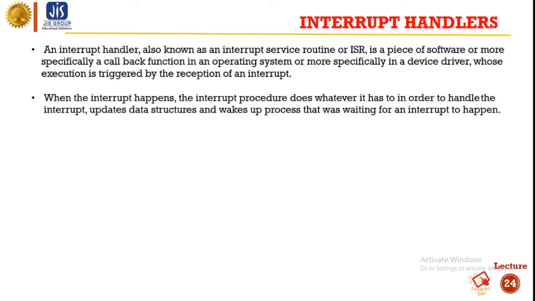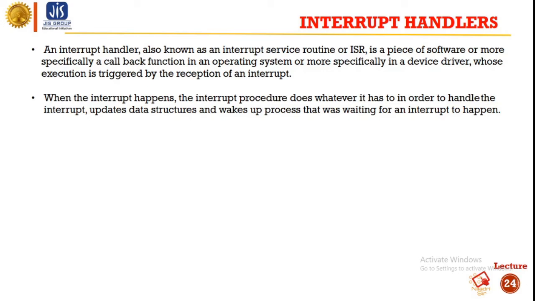When the interrupt happens, the interrupt procedure does whatever it has to in order to handle the interrupt, updates data structures, and wakes up the process that was waiting for the interrupt to happen.